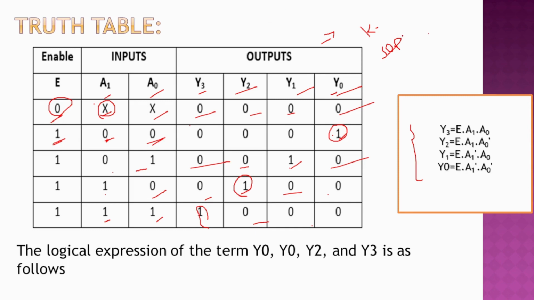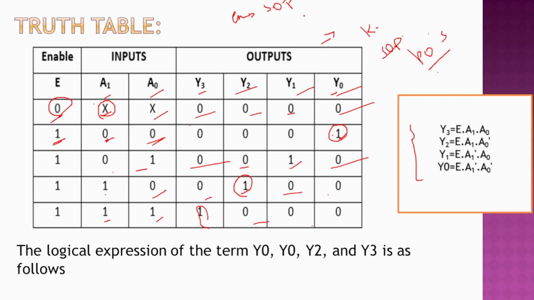Usually encoder is written in the equation with the help of sum of product method. In decoder you need to use product of sum method to write your logical expression.